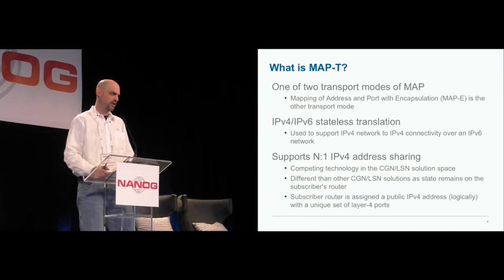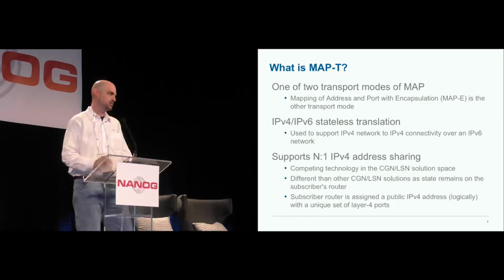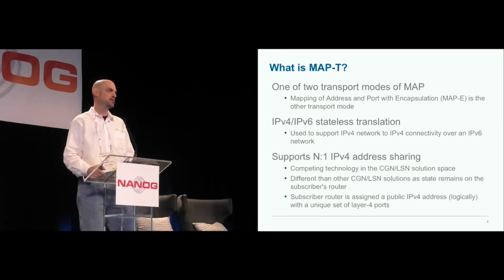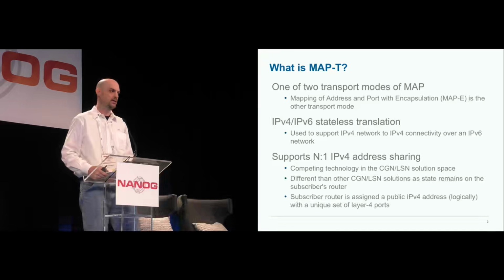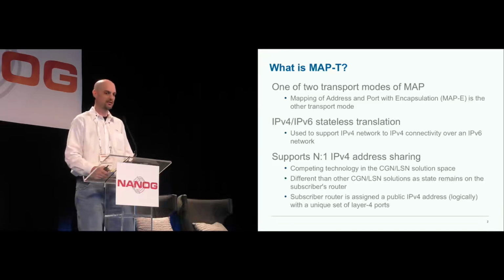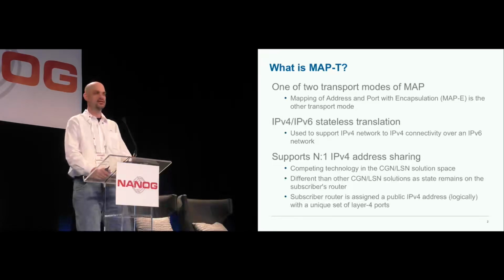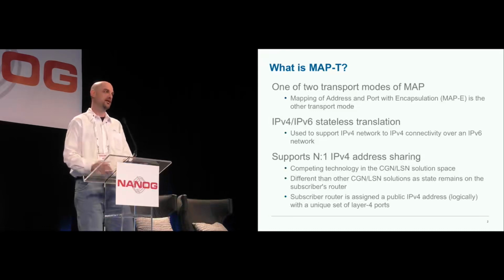Now, our primary application for MAP-T, though it doesn't have to be implemented in this way, is to support N-to-1 IPv4 address sharing. This is similar to the competing technologies, carrier-grade NAT, large-scale NAT, but it differs in the sense that the service provider gateway component is stateless.